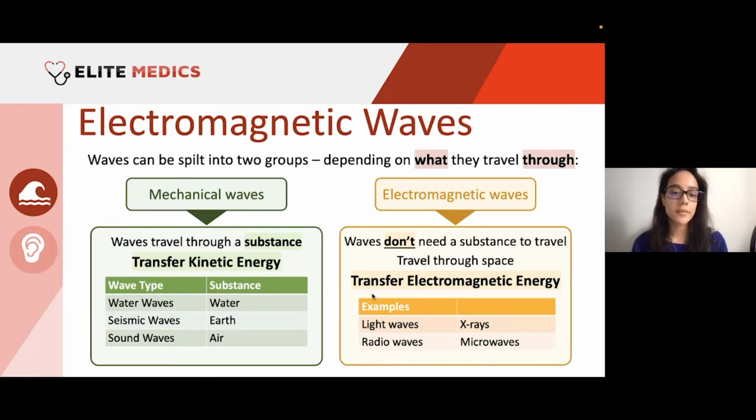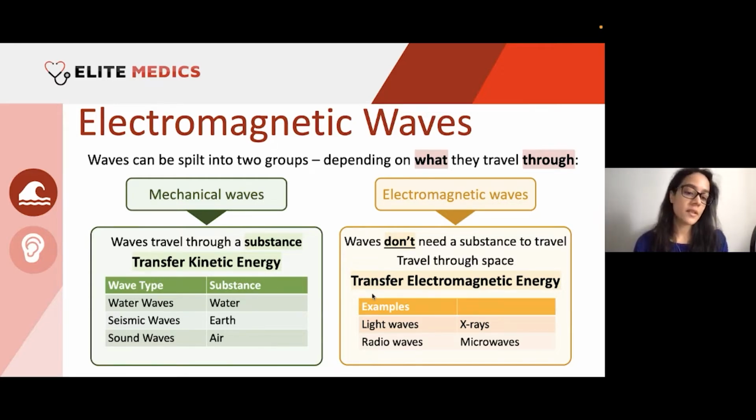These mechanical waves have to travel through a substance, and they transfer kinetic energy. Kinetic just refers to movement. So mechanical waves travel through a substance and they always transfer kinetic energy, so some sort of movement.